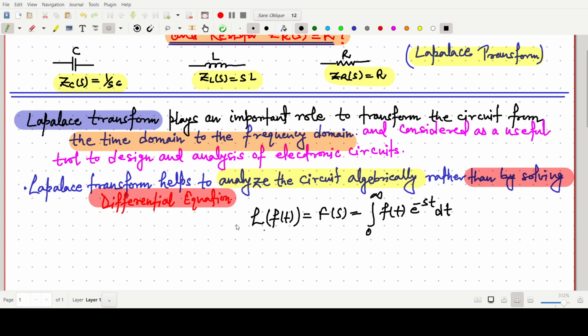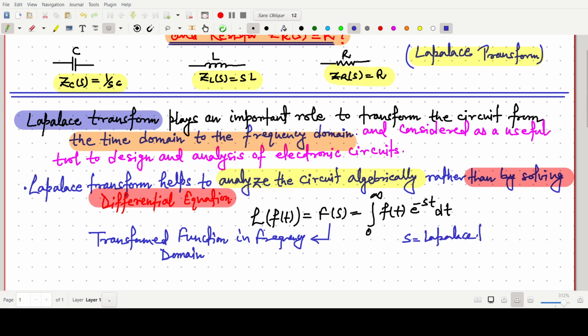This is a very useful formula, where F(s) is the transformed function in frequency domain. The time domain function f(t) is transformed to its frequency domain, and the term s is called the Laplace transform operator.